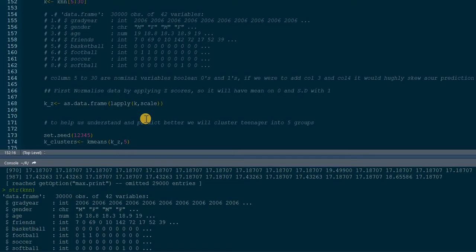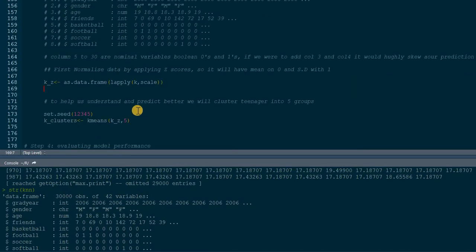If you apply the z-score and plot it, it will give you a nice bell-shaped curve, which means the mean value is 0 and the standard deviation is 1.